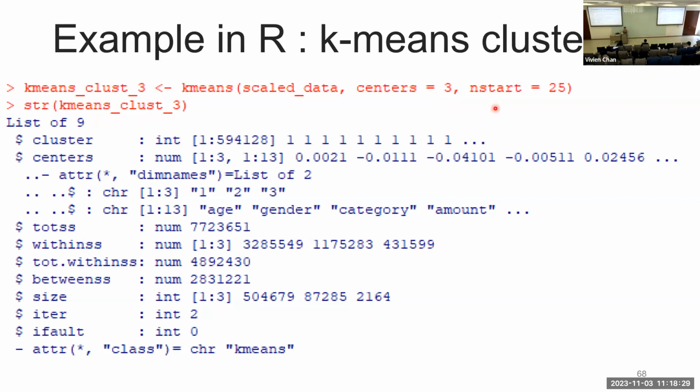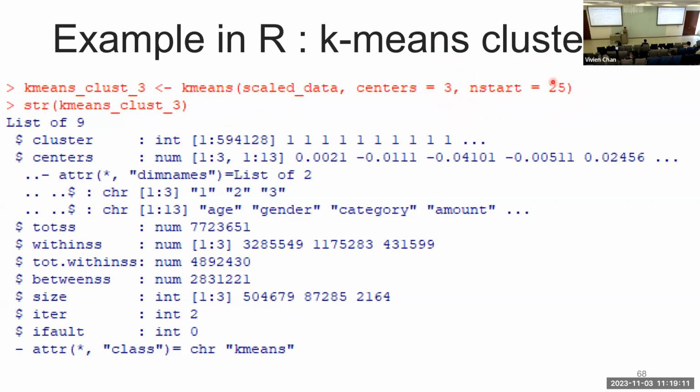For nstart equals 25, it means I will repeat it 25 times. The first time I find 3 random data points as the seeds and build the clusters. Then I repeat it the second time, this time randomly selecting another 3 data points. I think the reason is that the algorithm is trying to find the best 3 starting points to build the clusters.